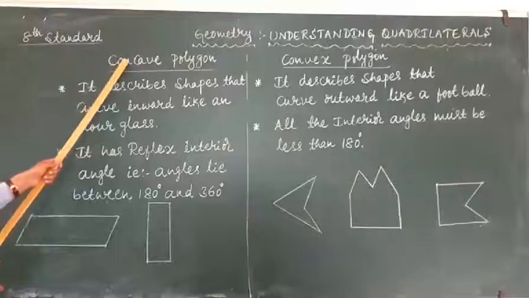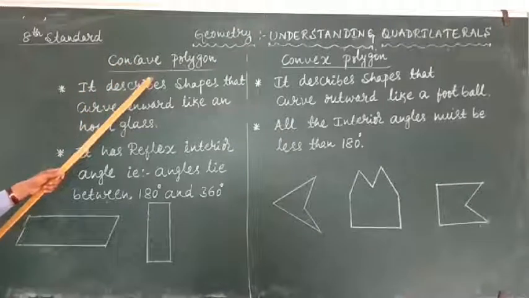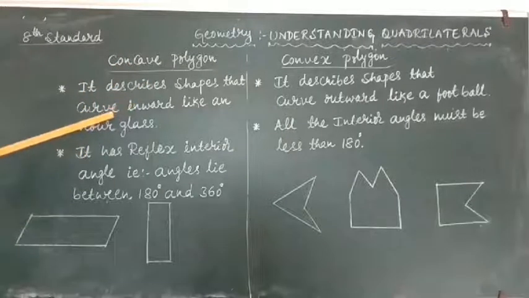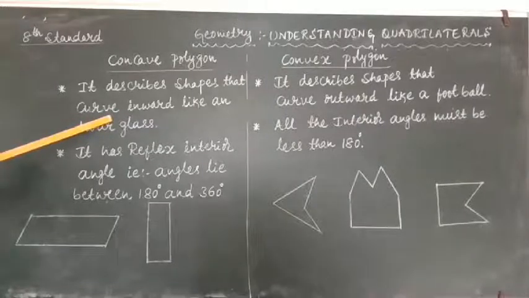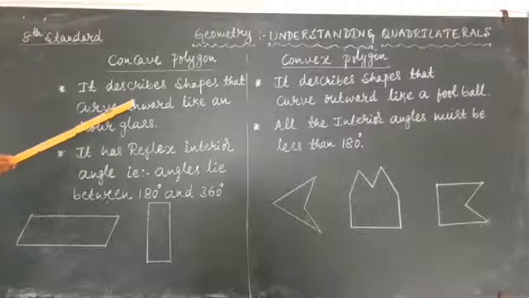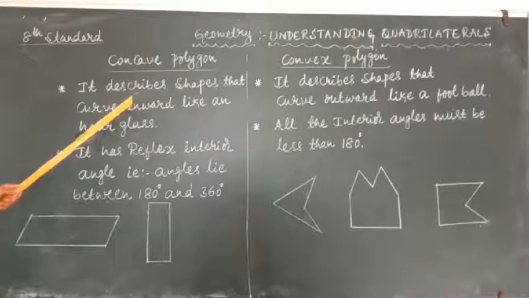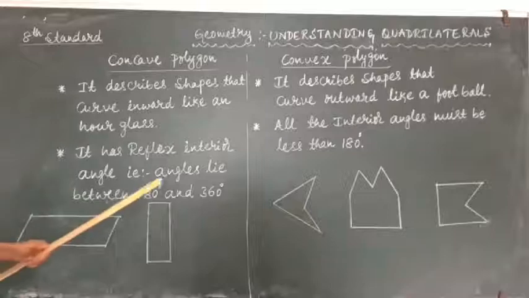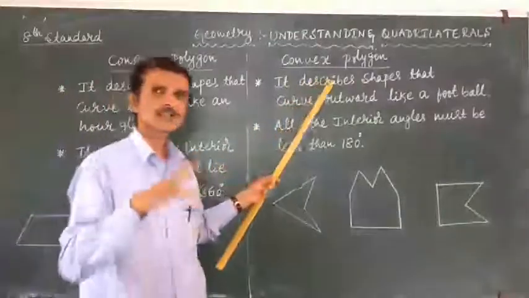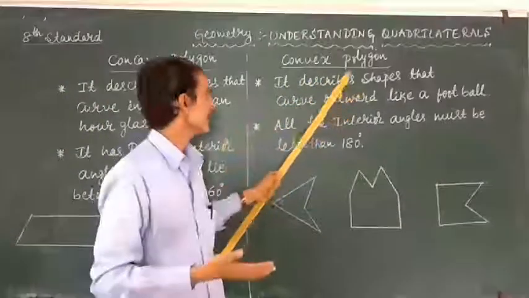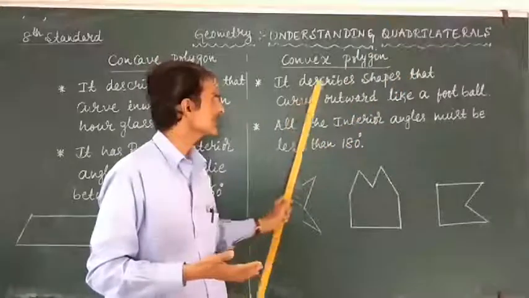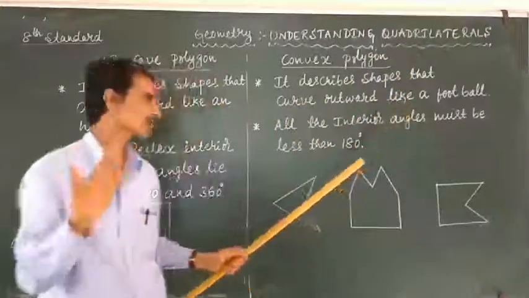Concave polygons describe a shape that curves inward like an hourglass, but here the curve will be outward like a football.